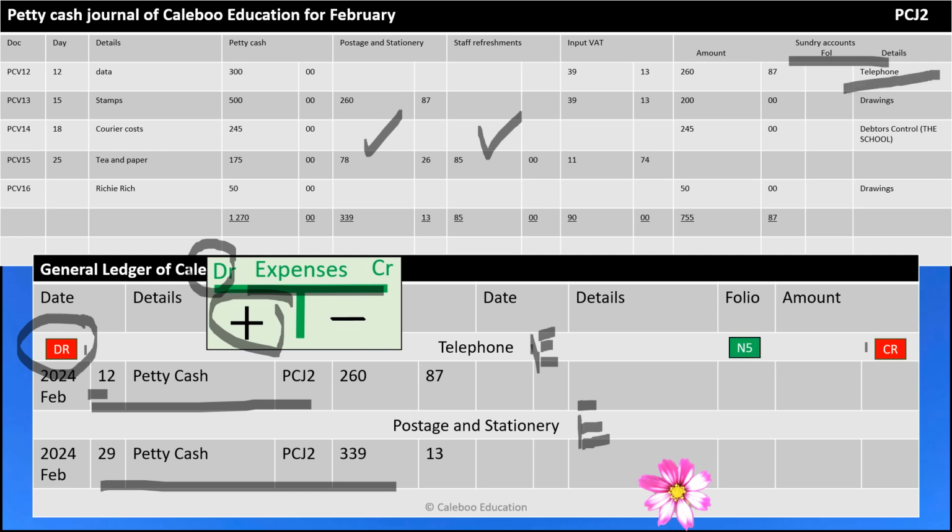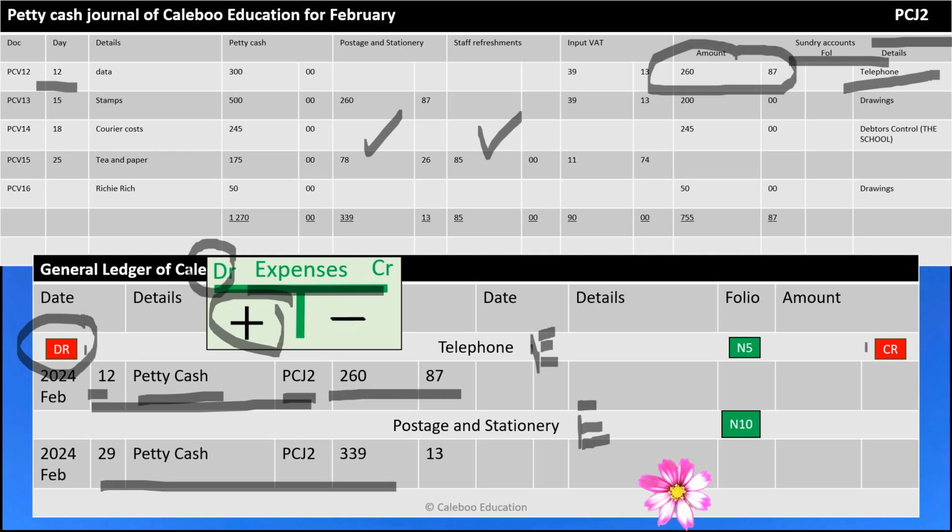If it's under sundry, then it gets posted on the day the transaction took place. Under details, you got petty cash. Where did the information come from? Petty cash journal number 2. What was the amount? 260.87. That information was posted to the general ledger.